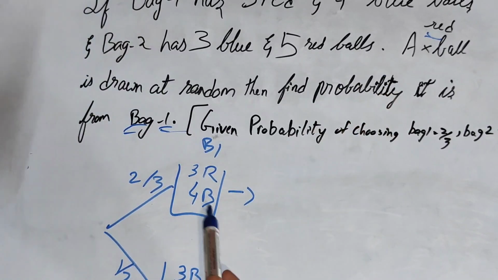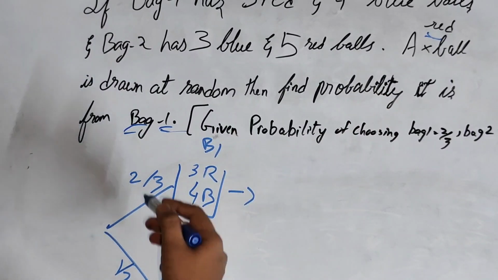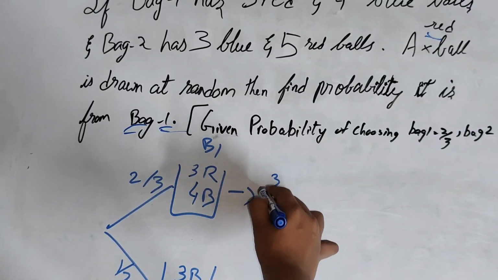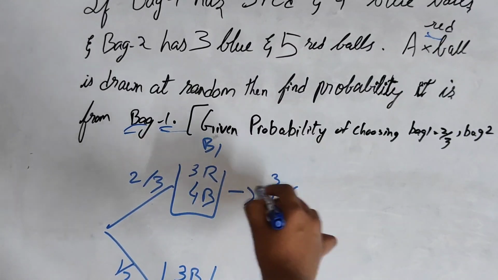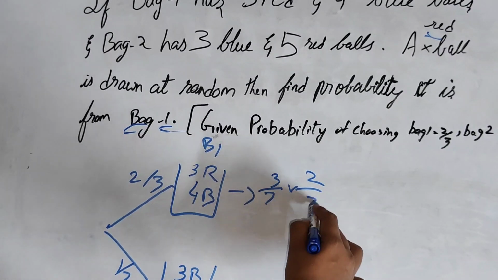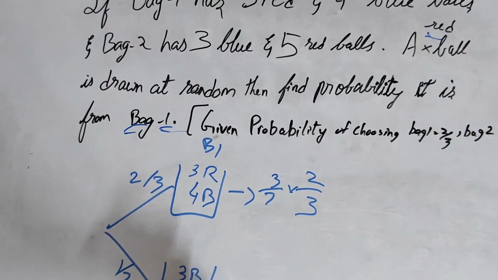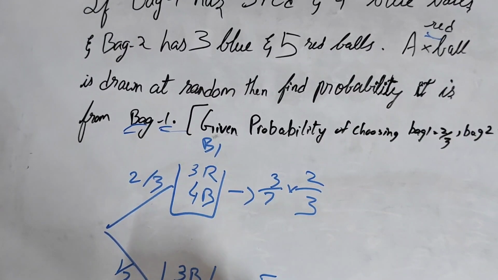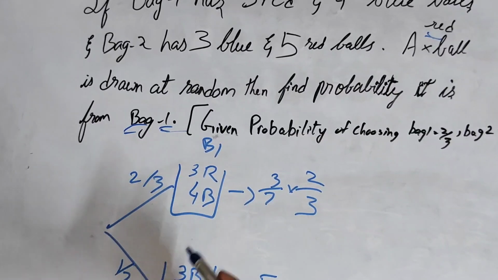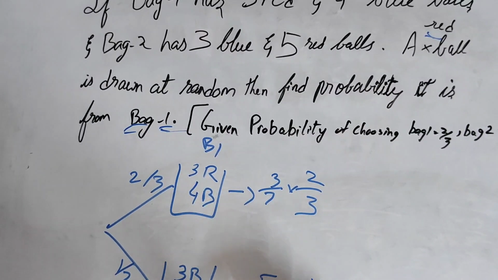And now for the probability of choosing a red ball, from bag 1 it would be 3 by the total 7 multiplied by the chance of choosing bag 1, 2 by 3, and the probability of getting a red ball from bag 2 would be 5 by the total 8, into the probability of choosing bag 2, which would be 1 by 3.